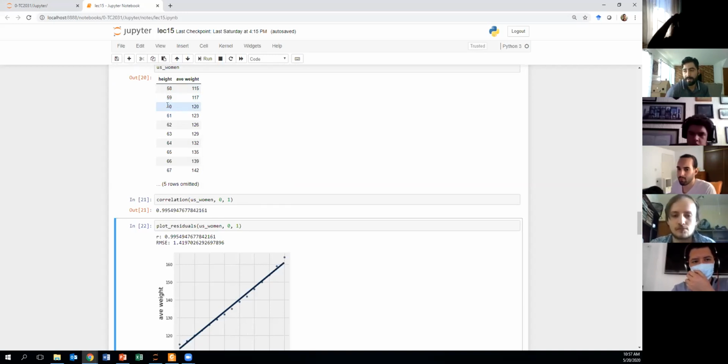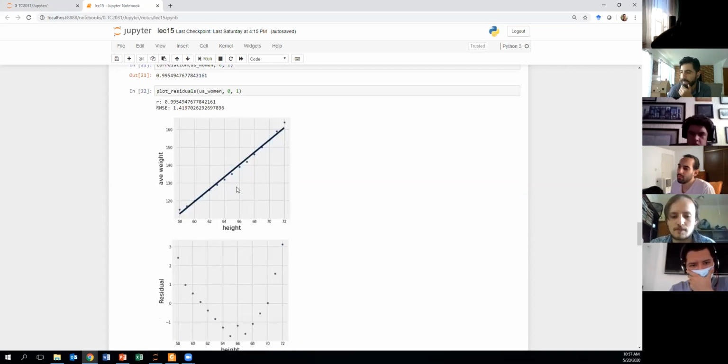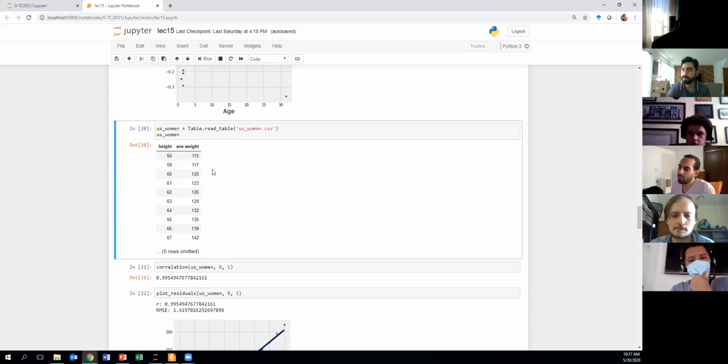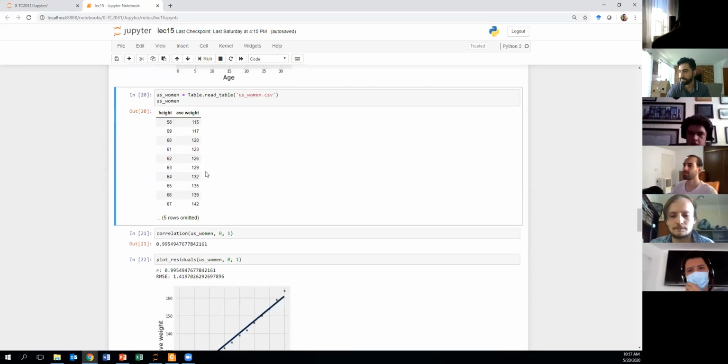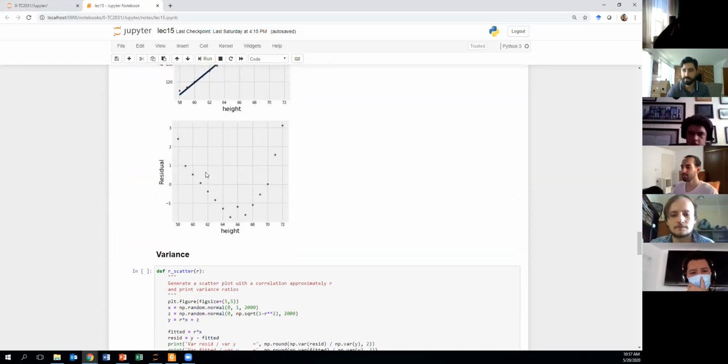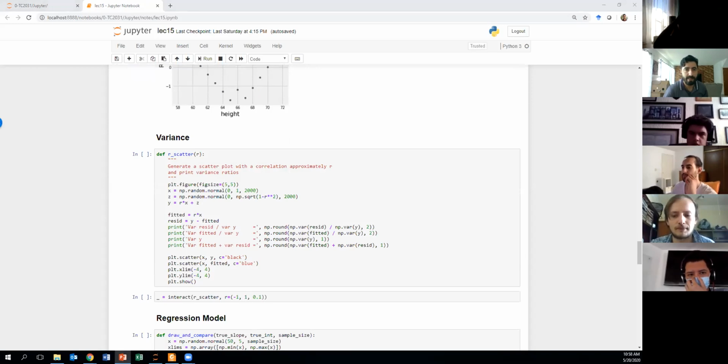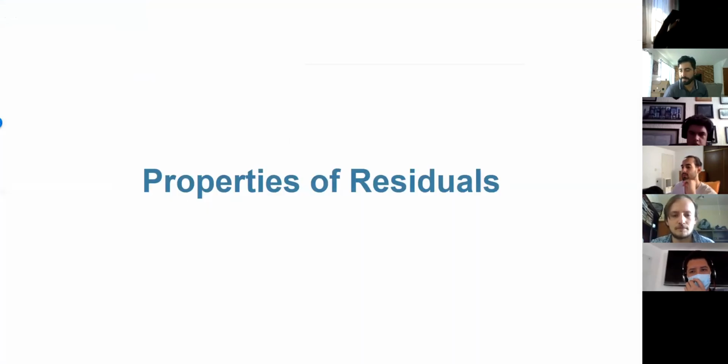Maybe 5 of them are 130, 5 of them are 110, and you end up with an average of 120. So from this table, you cannot conclude anything for individual persons. Those are the things you need to really take care of, especially ecological correlations. The data are averaged, so you cannot conclude for an individual person. That was just a review of what we talked about last time. So let's go back and talk about the properties of residuals.